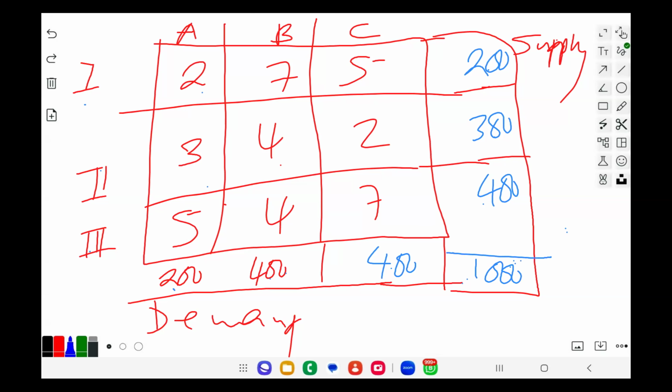Now, when you total your supply, have you seen that there is a shortage there now? When you total your supply now, it equals 900. So there will be a shortage of 100.